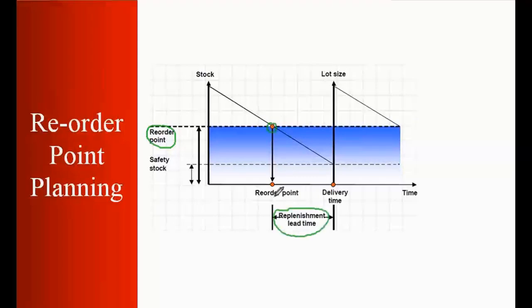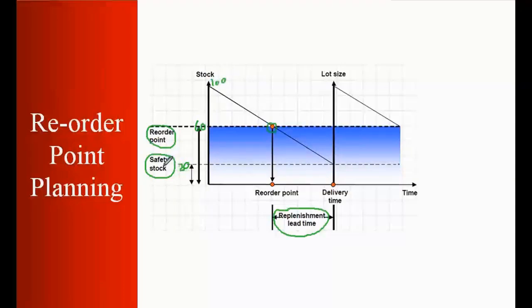But here we also need to take another point into consideration, which is known as safety stock. What is safety stock? Say we have 20 pieces of safety stock here, and here 60 pieces is where we place an order, the reorder point, and the total stock is, say, 100.